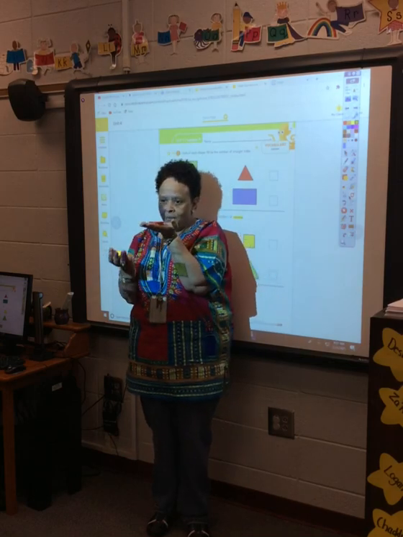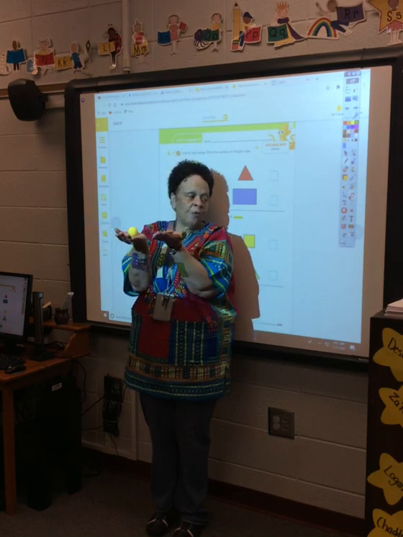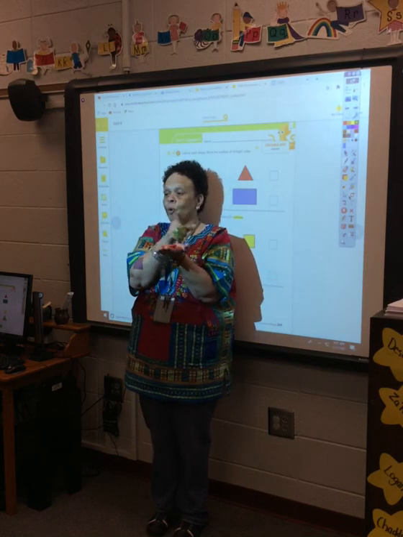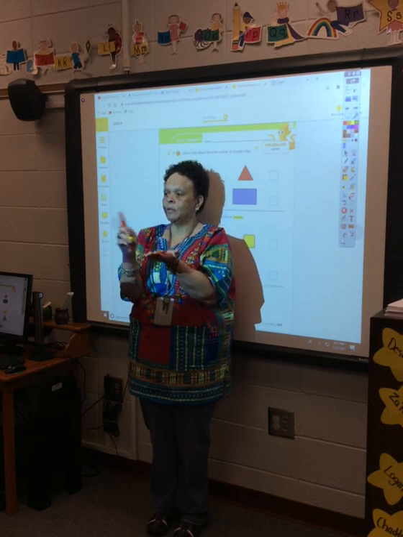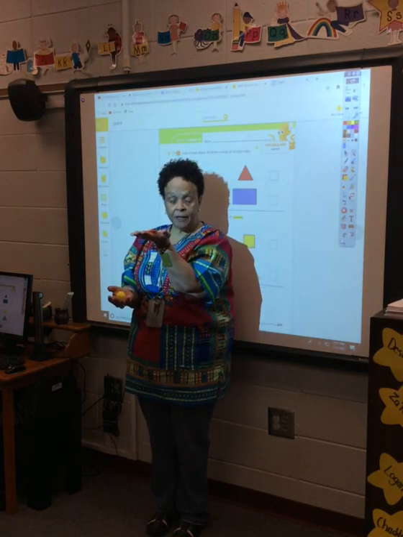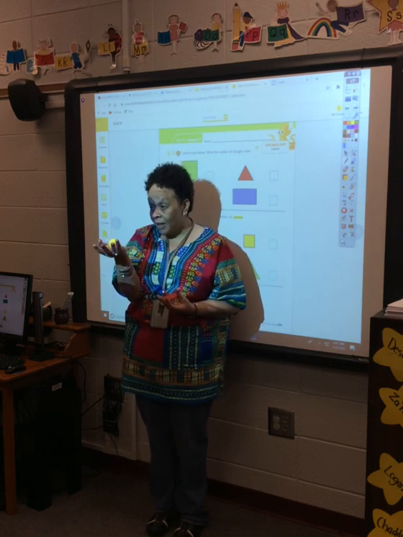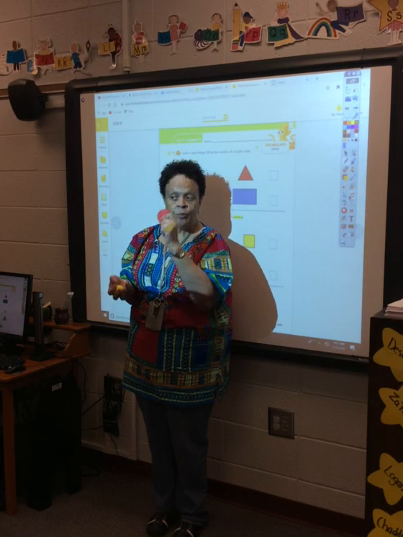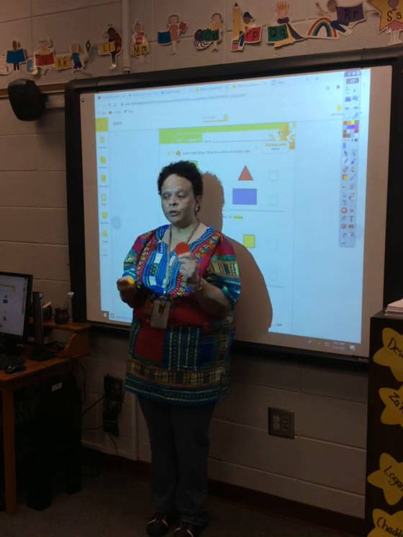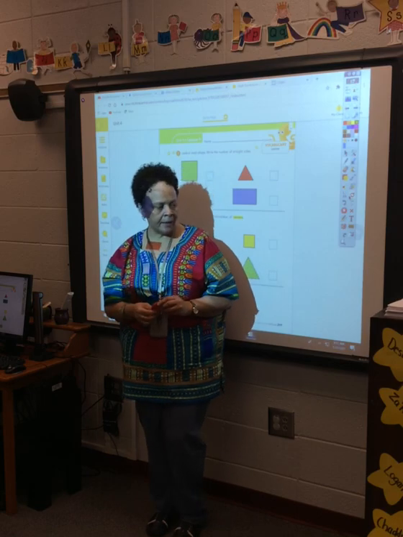But flat shapes, does the flat circle go up like the sphere does? No. Flat shapes only go across and backward. They don't go up. So this circle is what you call a flat shape, and this sphere is what you call a solid shape. Also, the big words, two-dimensional and three-dimensional. Okay? All right, so let's go on.